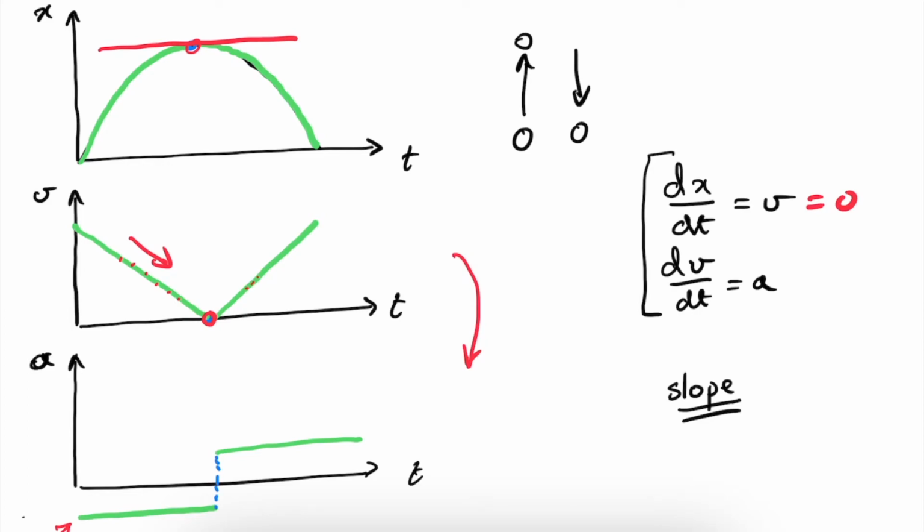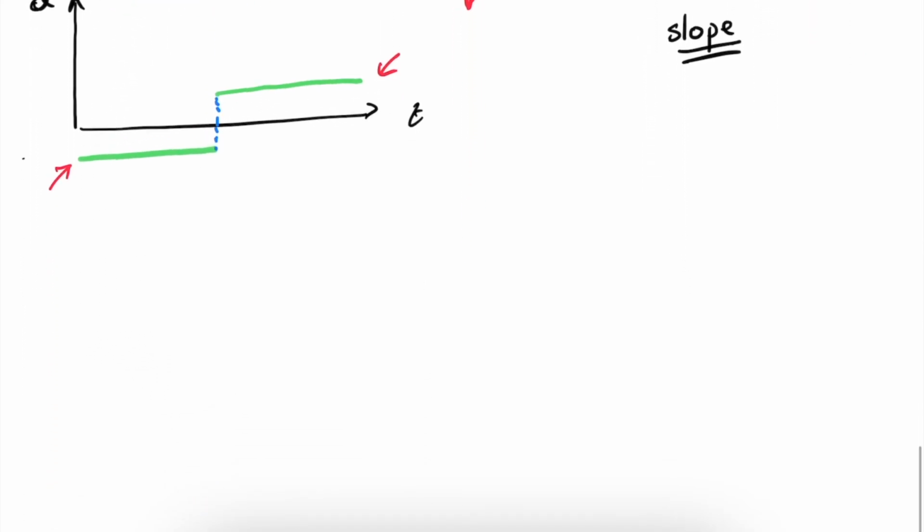The same goes on in the second part, where also all the derivatives or all the slopes in each point are positive, which means that we have a constant acceleration and it is positive. And this is how you can quite easily see how these graphs are connected through their slope, so through their derivatives. Let's look at the last exercise.